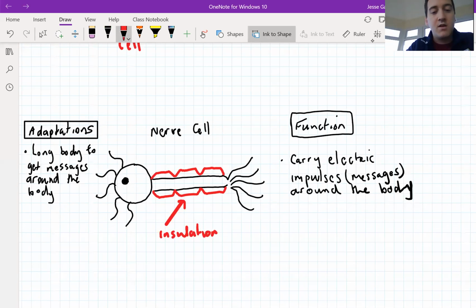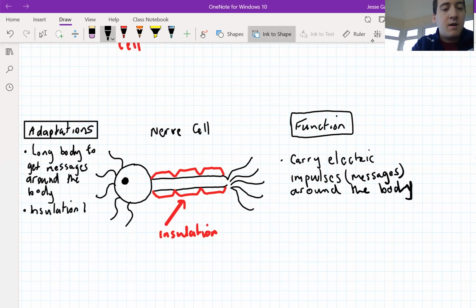And insulation helps the messages to travel more quickly inside the cell, and stops the messages from escaping out of the cell. So insulation helps messages to travel quickly.